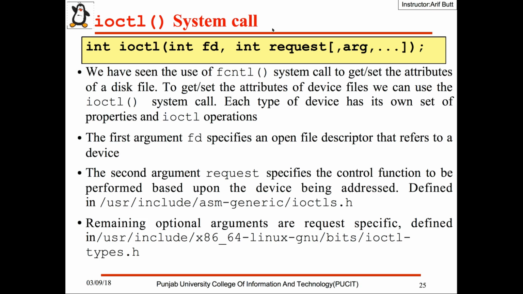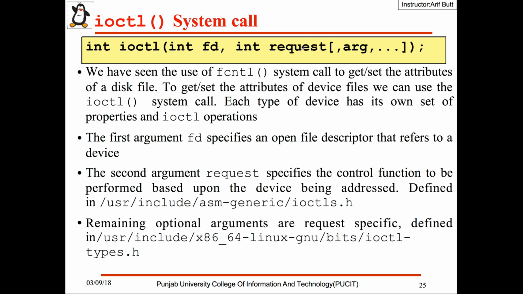This ioctl call can be passed a lot of arguments, and the number of arguments passed to ioctl is not fixed. The first argument, which is the required argument, is the fd, the open file descriptor, which refers to a device in our case. The second argument is the request, which specifies the control function to be performed based upon the device being addressed.